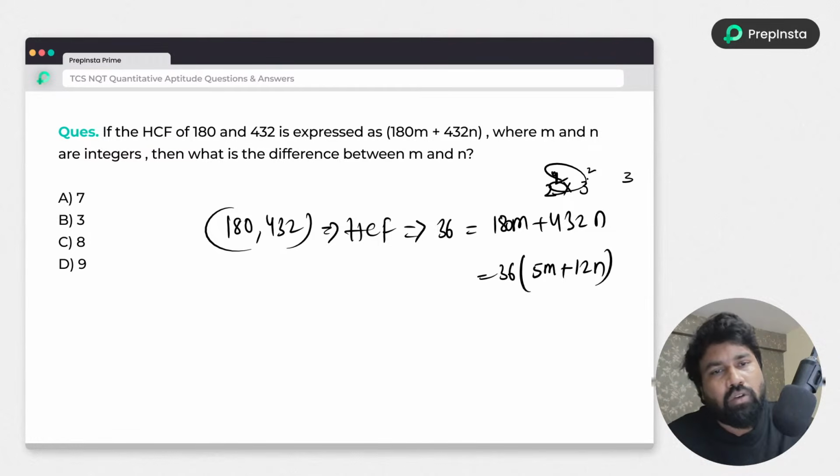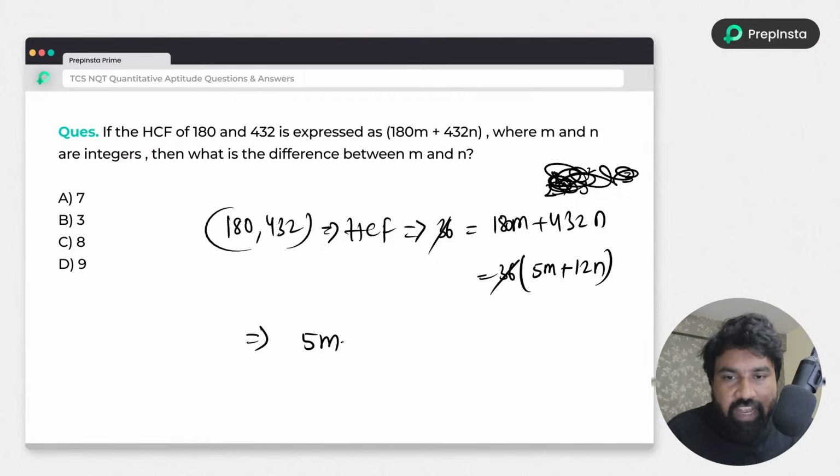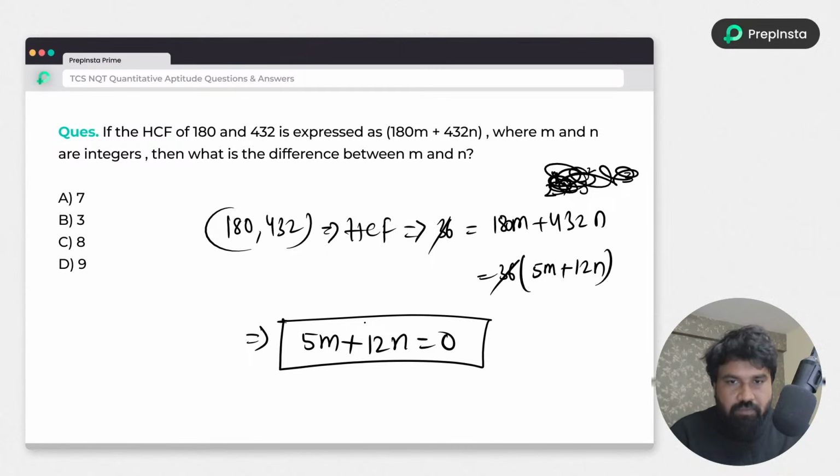Because I am not using a calculator, I am doing mental calculation, so that's why it's taking time. Okay, 36 will cancel. So 5m plus 12n must be equal to, sorry, equal to 1.